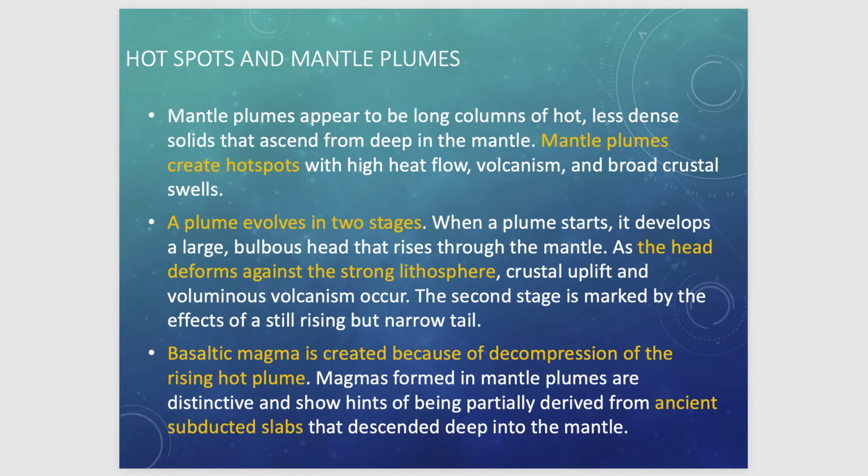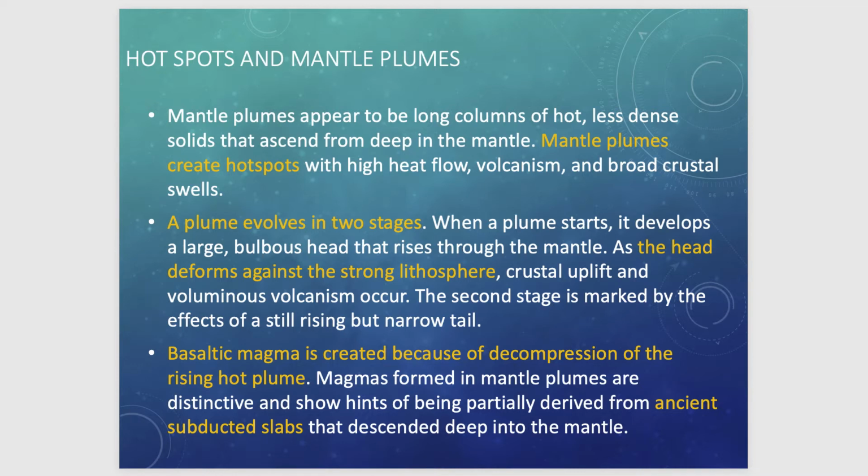Basaltic magma is created because of the process of decompression. If you remember, when we lower the pressure, we facilitate melting, and this will also assist in the rising of the hot plume because you have less resistance. So an extensional regime quite often promotes the accumulation of mantle magma very close to surface.